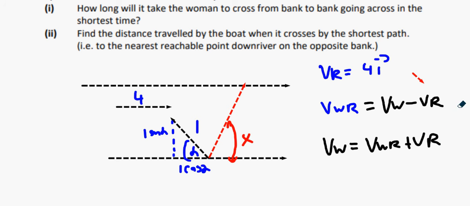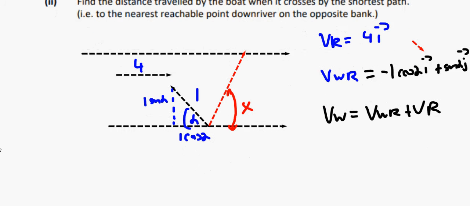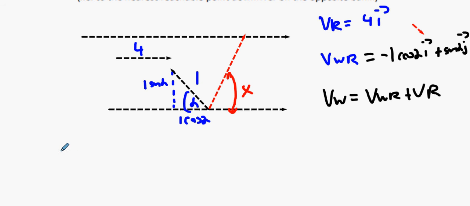Now, what is v WR? We actually have it here, don't we? Minus 1 cos alpha i plus sine alpha j. We have that. Okay? And the next thing we do then is find the velocity of the woman. Velocity of the woman is, we add the two of them together, don't we?